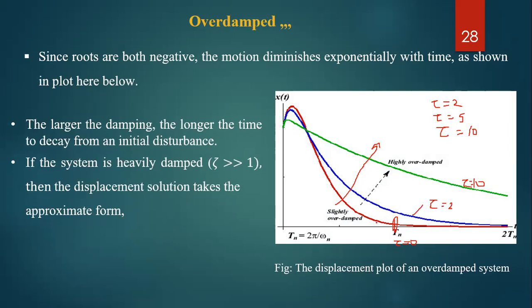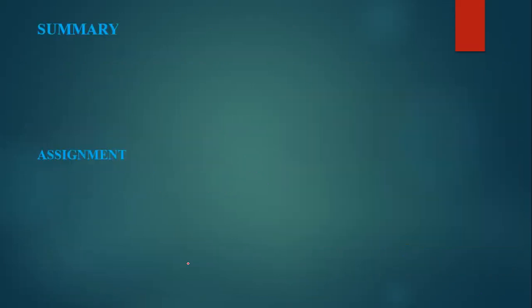Let this be zeta equal to 1. Actually, zeta 1, not 0. If zeta is 0, there is a kind of motion which repeats on the time axis. So this is an approximation for a very high zeta value. When the zeta value is very high, this is the type of response expected.